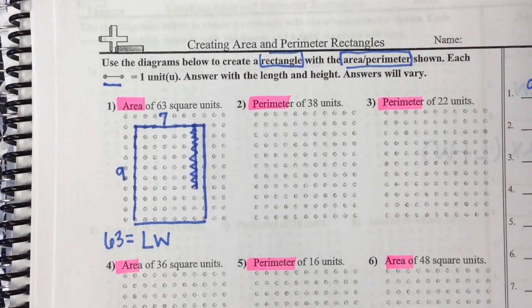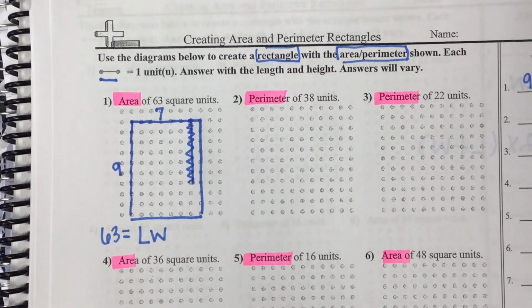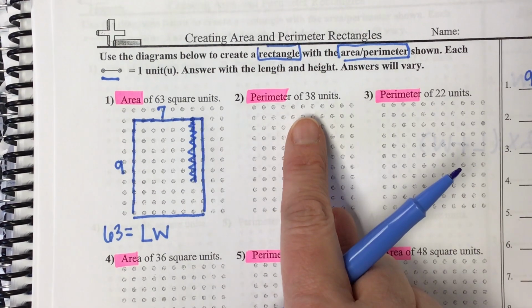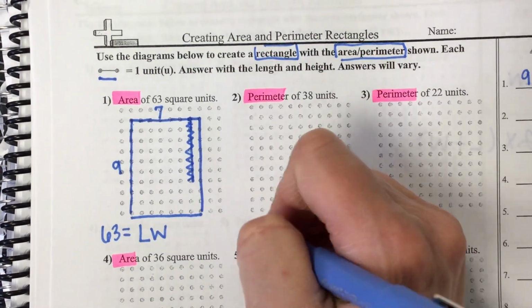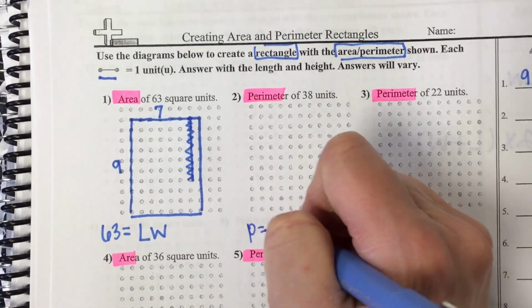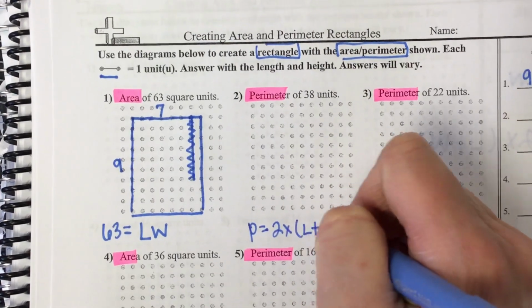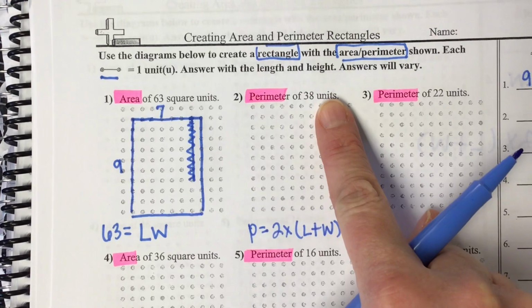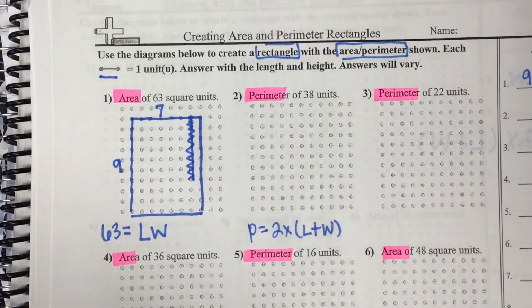Okay. Now let's do one where we're talking about perimeter. So our perimeter is 38 units. Callie, face the front. Perimeter equals 2 times my length plus my width. What is the first thing I need to do with my perimeter when I'm using this formula?